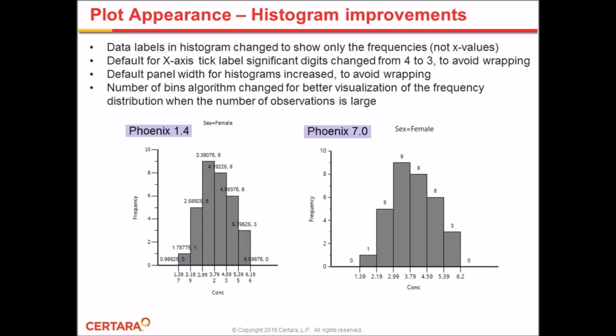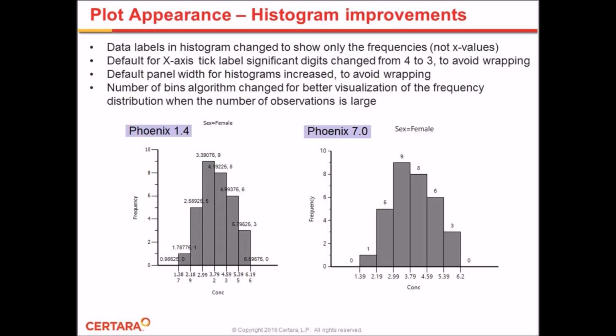Okay, and the last area we're going to talk about in plot appearance is the improvement in the histograms. The data labels for histograms in Phoenix 1.4 contain both the X value and the frequency, whereas usually for histograms what you are interested in is the frequency. So now in Phoenix 7.0 we show just the frequency above the bars.